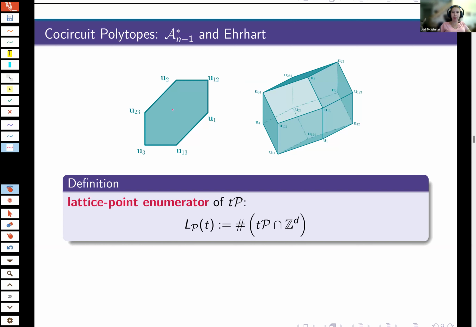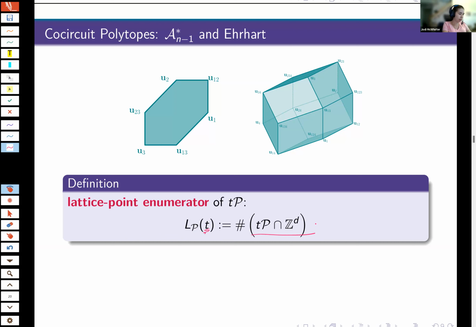I can multiply by any positive integer t, and that gives me the t-th dilate of my polytope. Then I'm interested in the number of integer points inside of that t-th dilate. So the idea with this lattice point enumerator is I can plug in the dilate of the polytope, and it's going to spit out the number of integer points inside of that dilate.